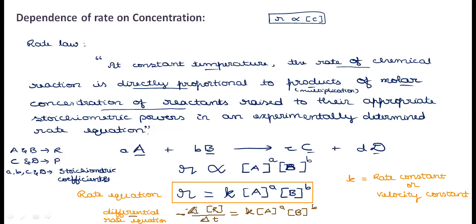This is very simple to understand. Based on this, you may get 1 mark important questions, and understanding this is a continuation for the next concepts. Without understanding the rate law and rate equation form, you cannot understand the detailed information of the next concepts.